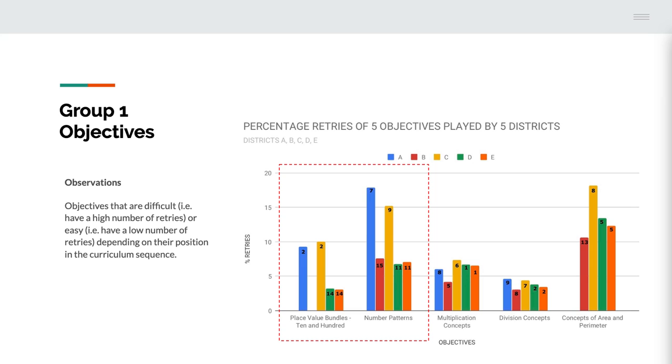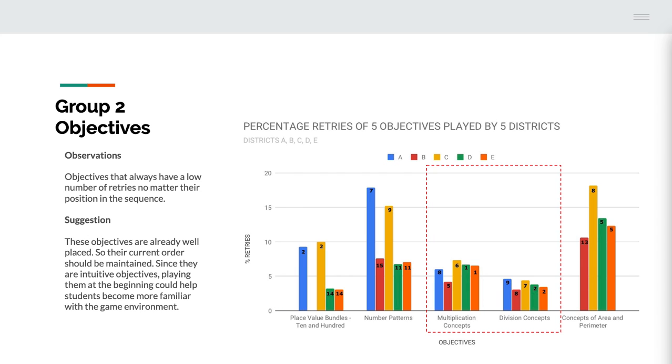This means it was more difficult. Whereas when that objective was played as the 14th objective in the sequence by District D, it recorded about 3% retries. This means it was easier, and students in District D must have obtained prerequisite skills from the 1st to 13th objectives before working on this 14th objective.